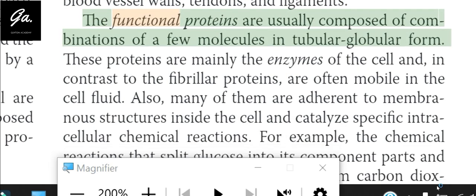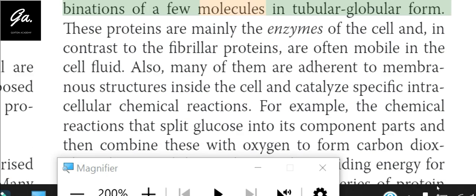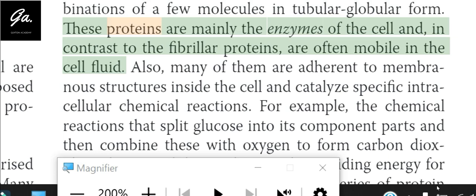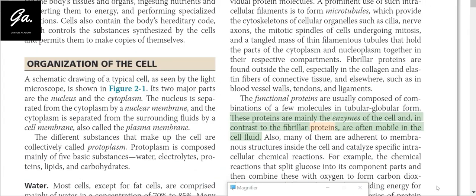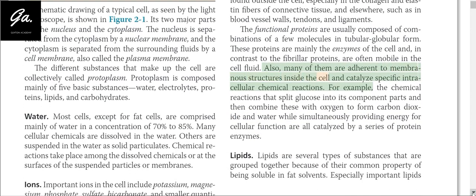The functional proteins are usually composed of combinations of a few molecules in tubular globular form. These proteins are mainly the enzymes of the cell and, in contrast to the fibrillar proteins, are often mobile in the cell fluid. Also, many of them are adherent to membranous structures inside the cell and catalyze specific intracellular chemical reactions.